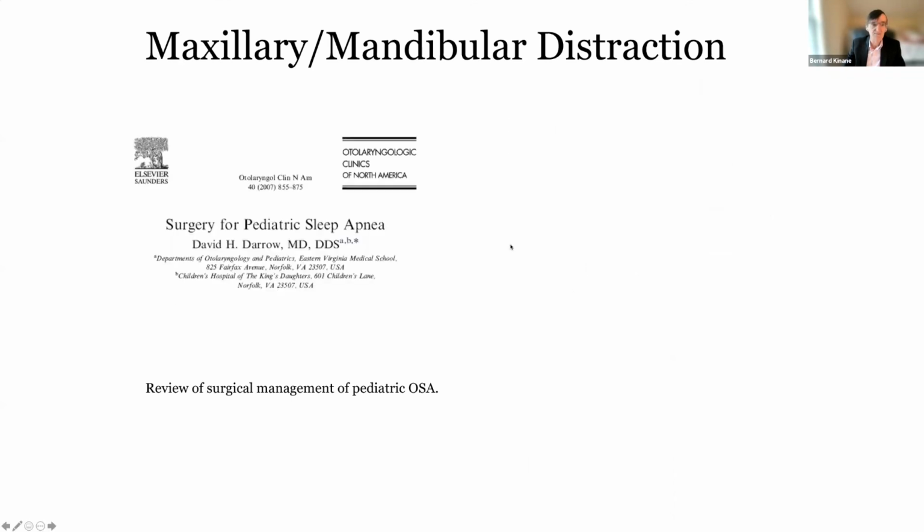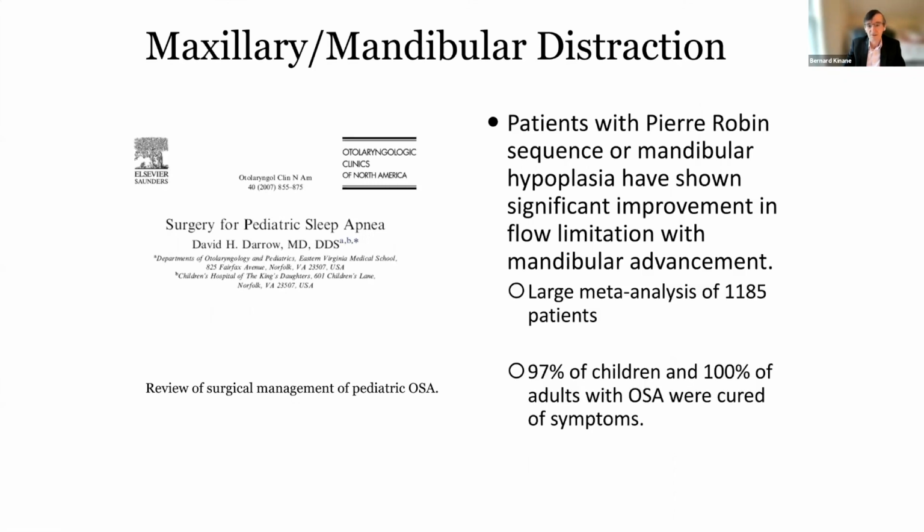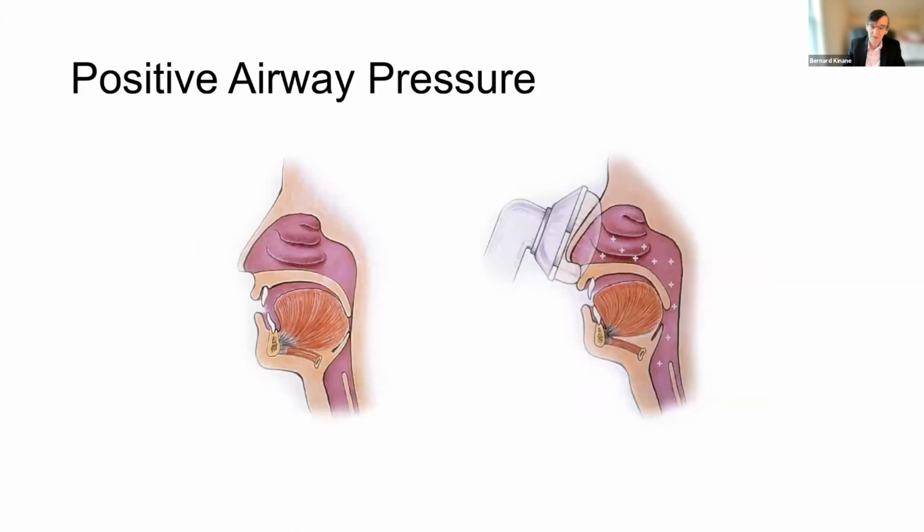Now we see this, and what really happened here was we have done it, and we've been part of these studies. 97% to 100% of adults with OSA will be cured by this procedure. But you do have to be a little reluctant because of the scarring potential of Myhre syndrome.